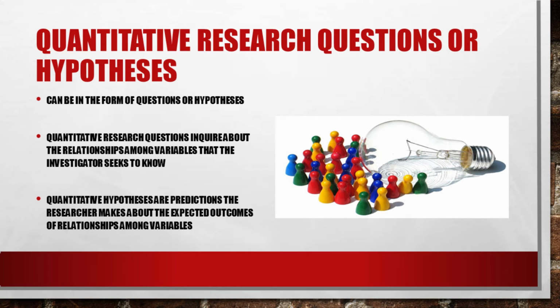If you plan to conduct quantitative research, you can have research questions or you can have hypotheses. These questions should inquire about the relationship among variables that the investigator seeks to know. If you choose to compose hypotheses, these can be predictions that you make about the expected outcomes of relationships among the variables.